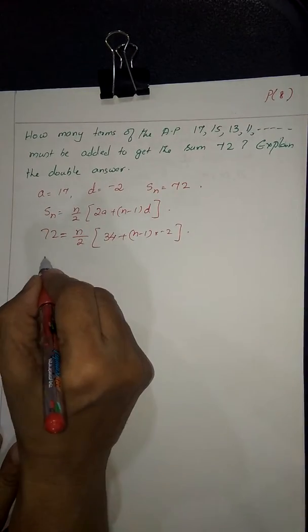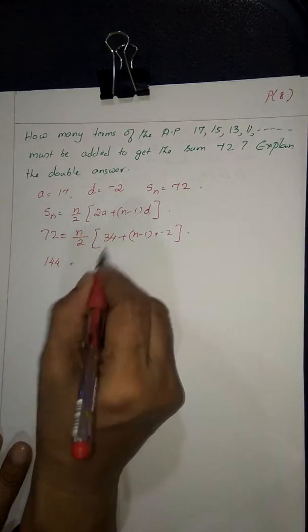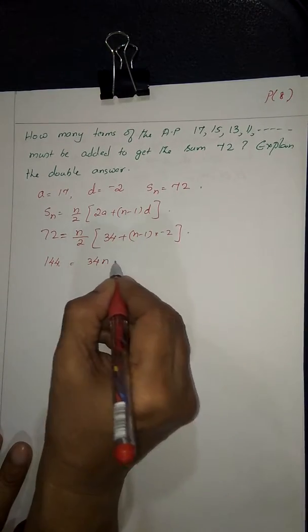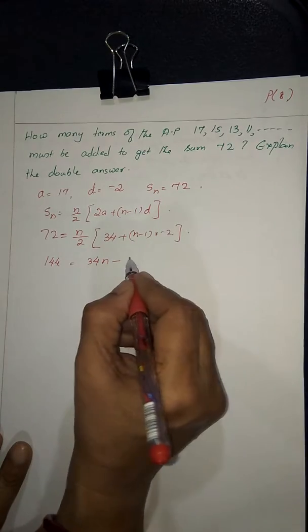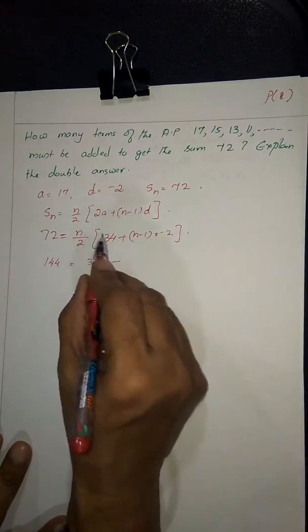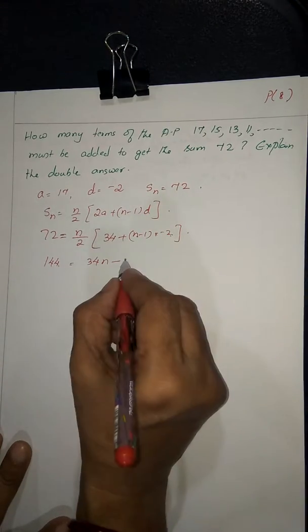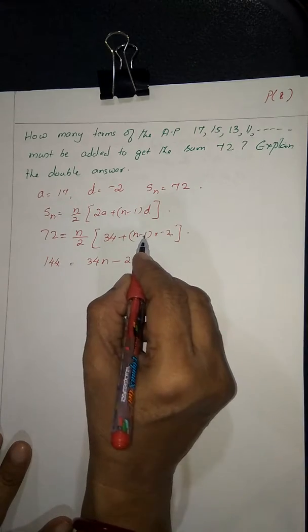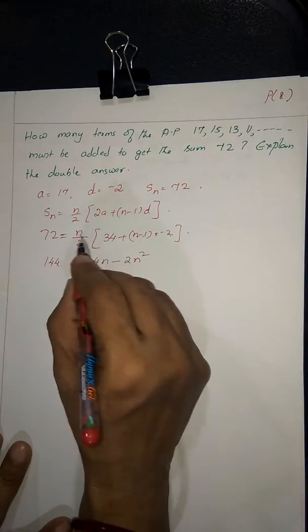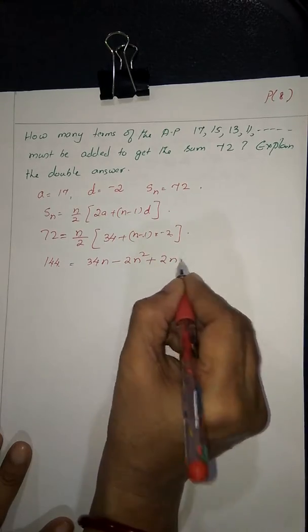So we get 144 is equal to 34n minus 2n squared, and minus 2 into 1 is plus 2, plus 2 into n is plus 2n.